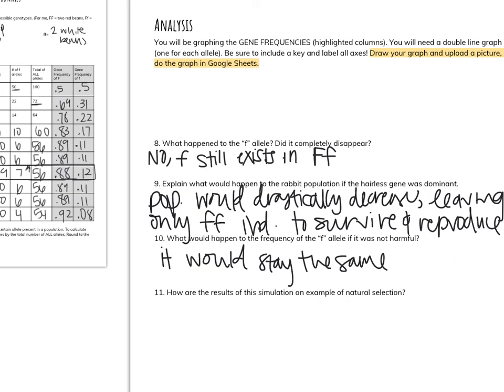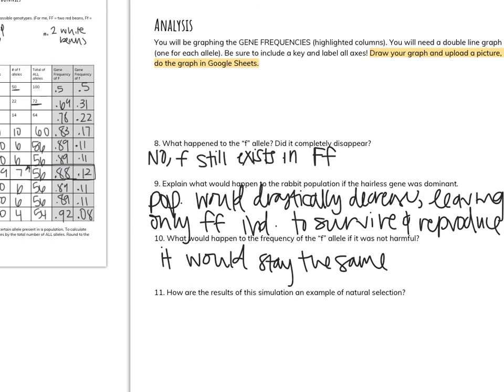Number 11 says, how are the results of this simulation an example of natural selection? So if we think about the word natural selection, it's just where nature is selecting who lives and who dies, basically.